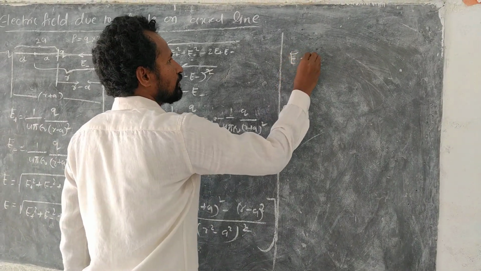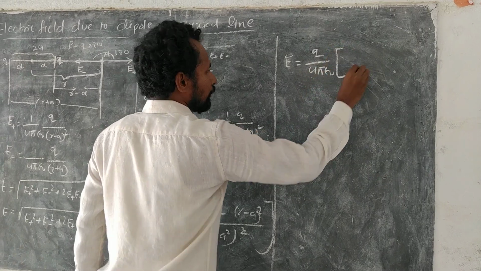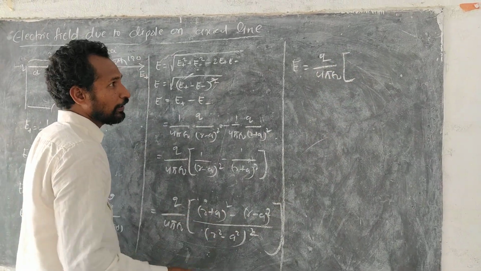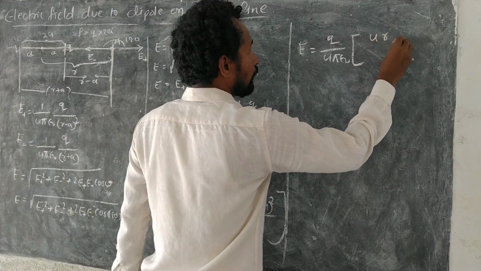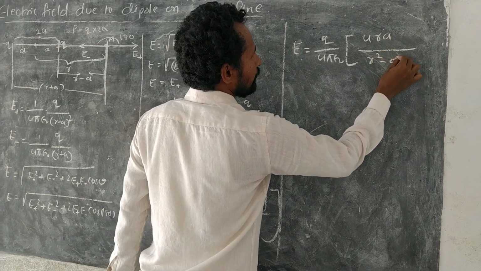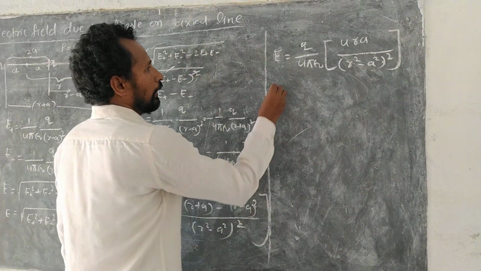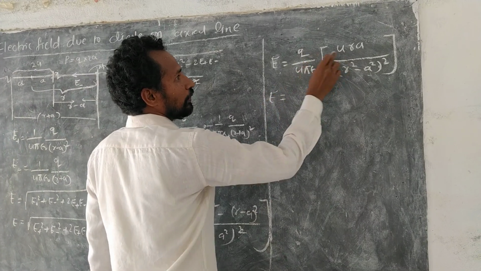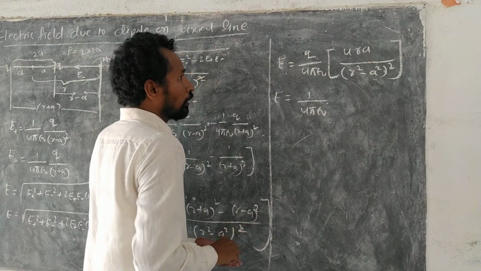Expand and simplify, and you will get 4ra by (r square minus a square) whole square. Clear?